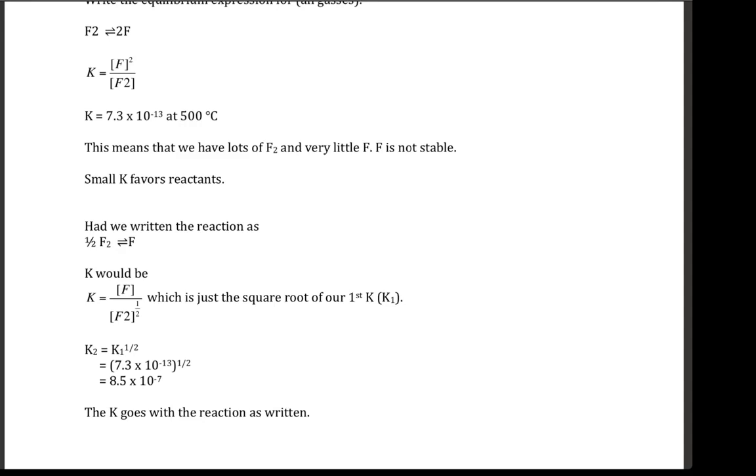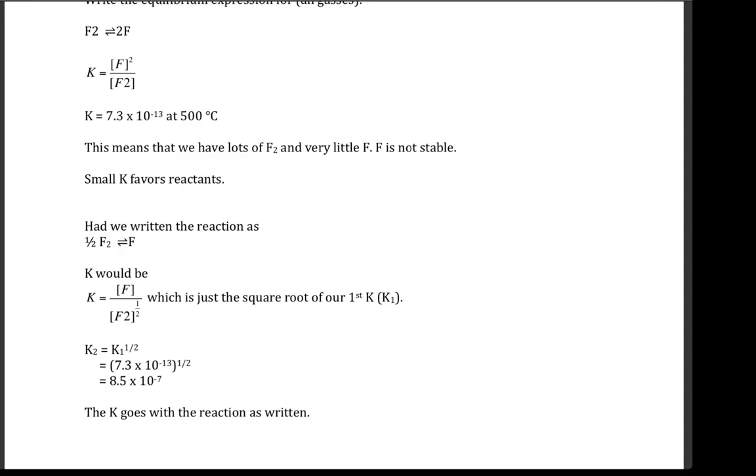This is the square root of our first K, which let's just for simplicity call K1, and let's call this K for the 1/2 F2 reaction K2. So we have that K2 is K1 to the 1/2, or the square root of K1.